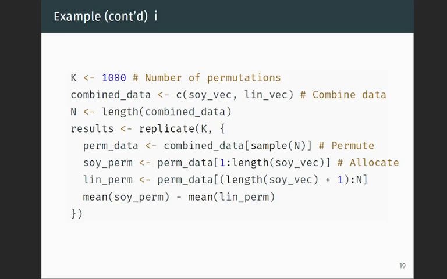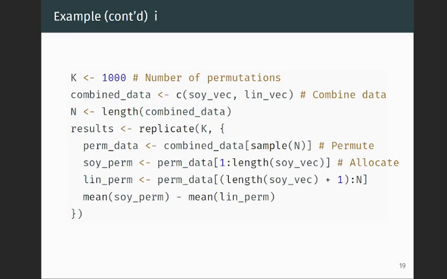And next, we want to compute our estimate theta hat k. So first, we're going to create this vector called soy perm, which will be the first n observations from perm data. And we're going to say those are allocated to the first group, soybean feed. The remaining observations will be allocated to the second group, linseed feed.